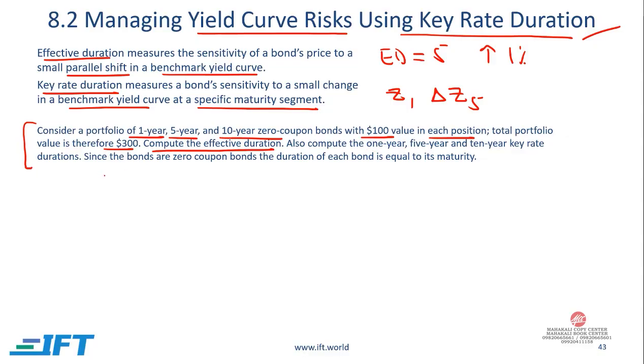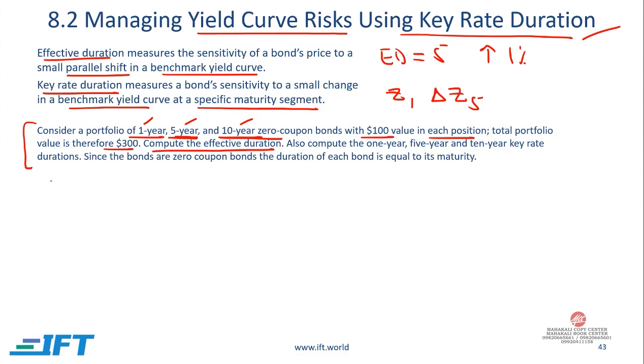For effective duration, we should recognize that these are zero coupon bonds. So the effective duration of each bond is given by its duration or maturity. So for the 1-year bond, the effective duration is 1. Here it will be 5, and then this is 10.